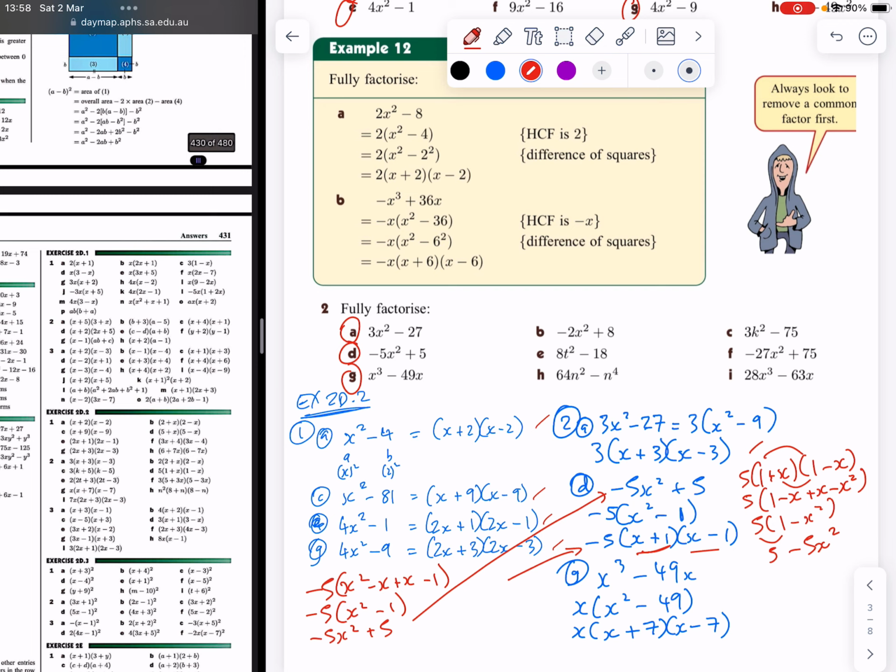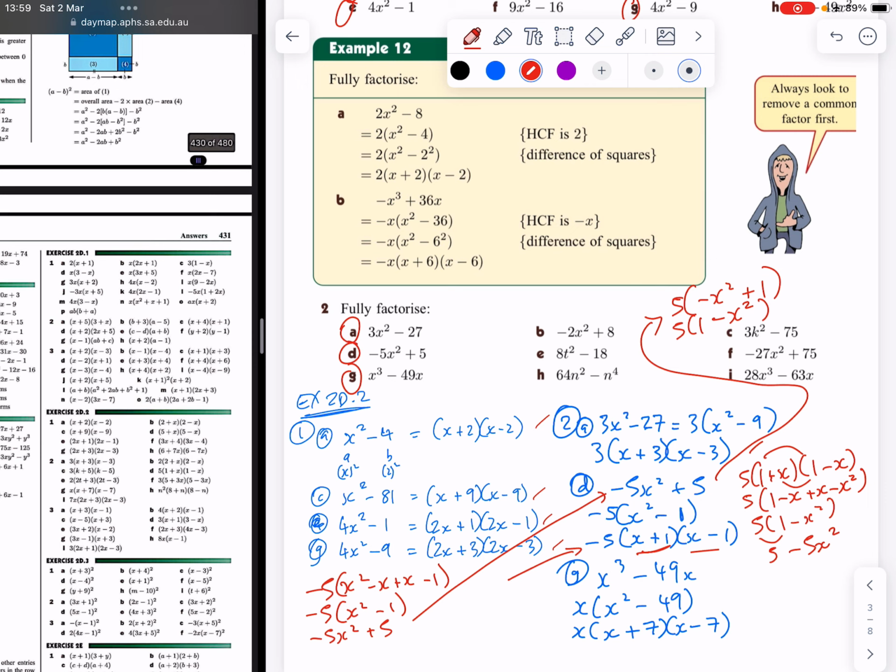So if you wanted to do their way, how did they get their answer? They removed 5, I believe, as a factor, which would leave negative x squared plus 1 in the brackets. Then they rearranged it to be 1 take x squared, so it's still difference between two squares.